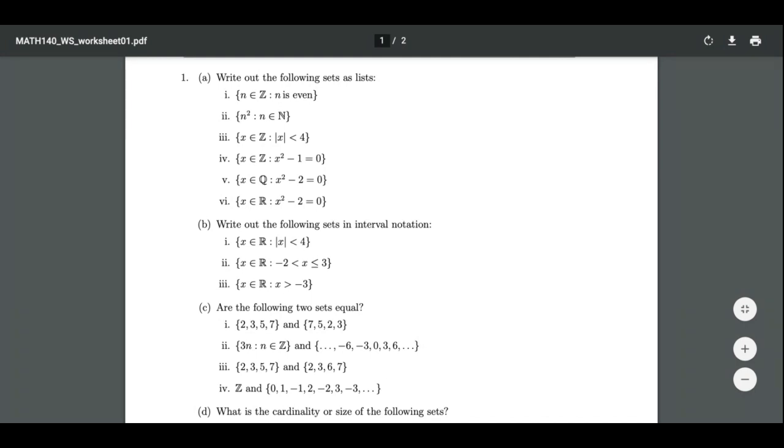If anyone wants to answer questions, you may type in the chat. Then that would be considered as your classwork grades. Moises is saying -6, -4, -2, 0, 2, 4, 6. Great. Anyone want to try the second one?